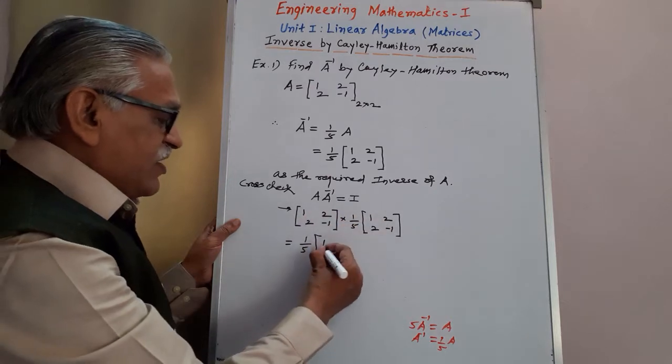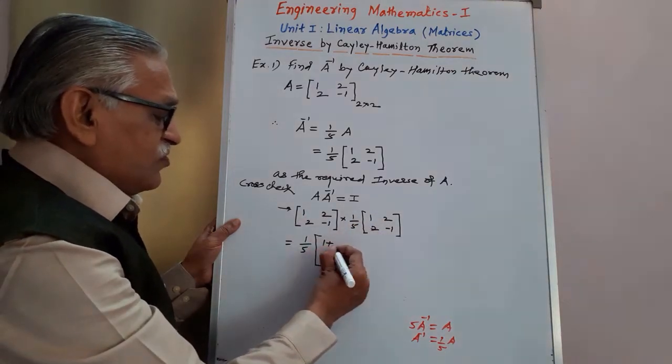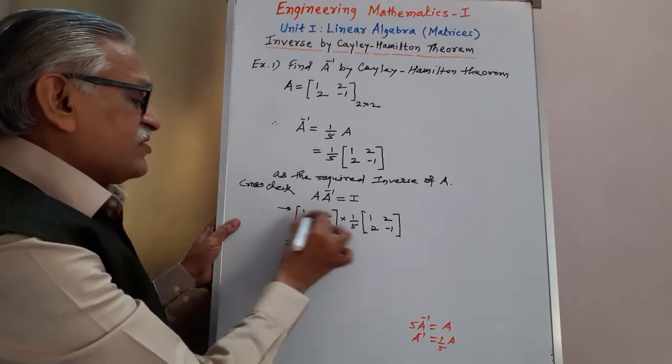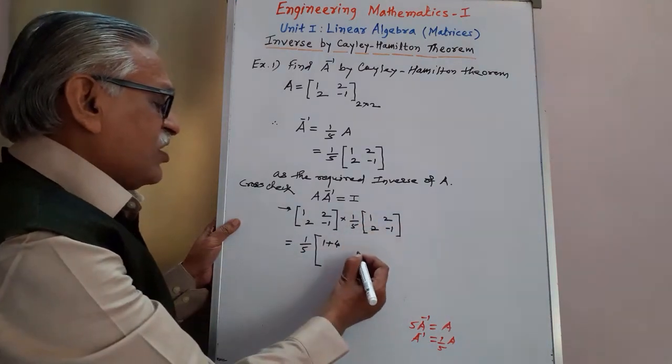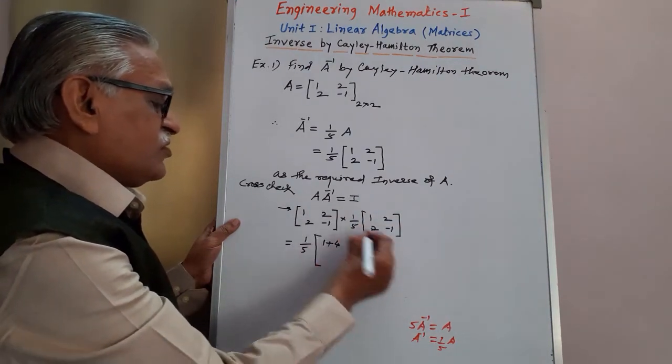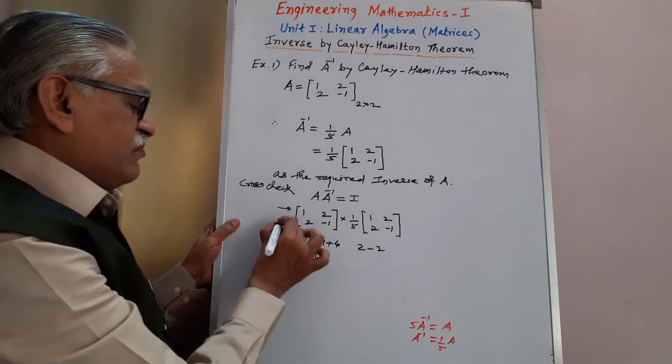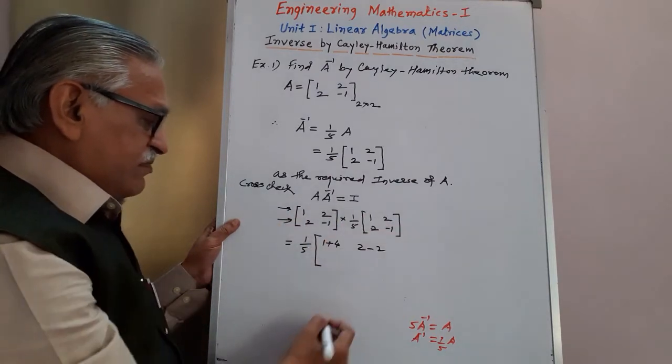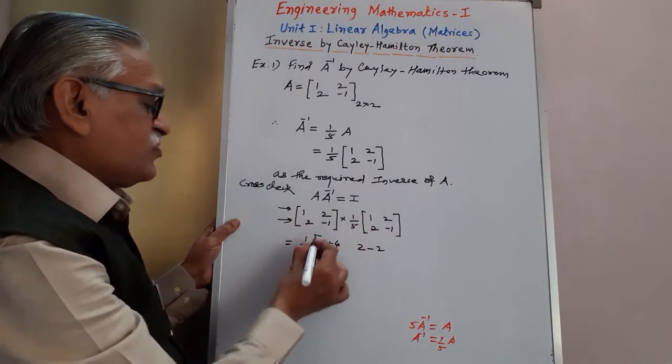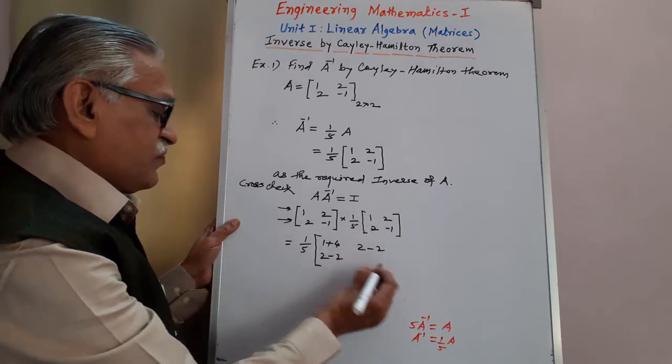Therefore 1 into 1 we get 1, 2 into 2 is 4. Next, by the first row and the second column we get 2 minus 2. Then by the second row and the first column, 2 into 1 we get 2 minus 2.